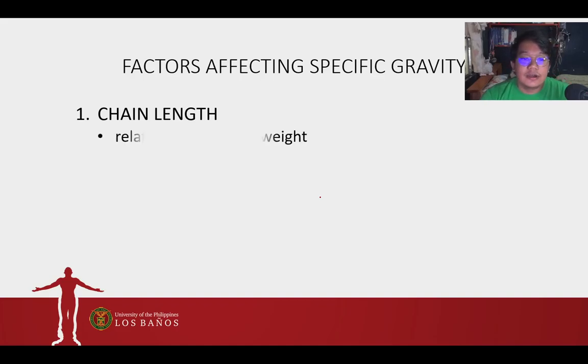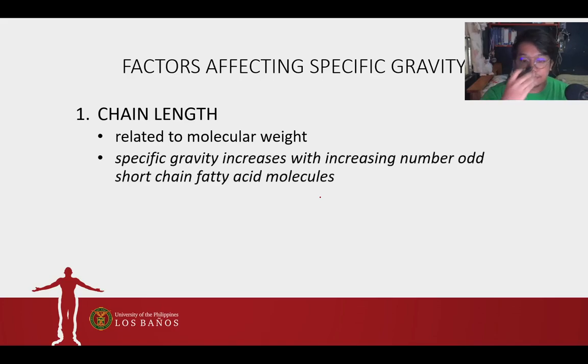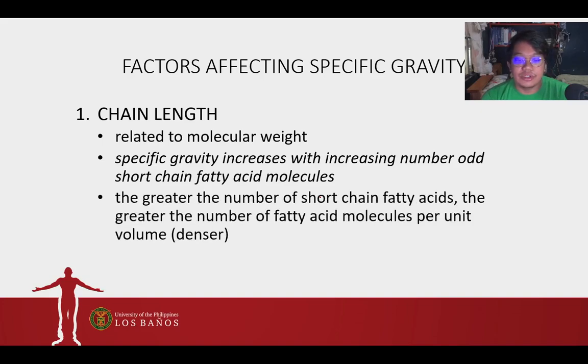The specific gravity increases with increasing number of short chain fatty acid molecules. And hence, the greater the number of short chain fatty acids, the greater the number of fatty acid molecules per unit volume.